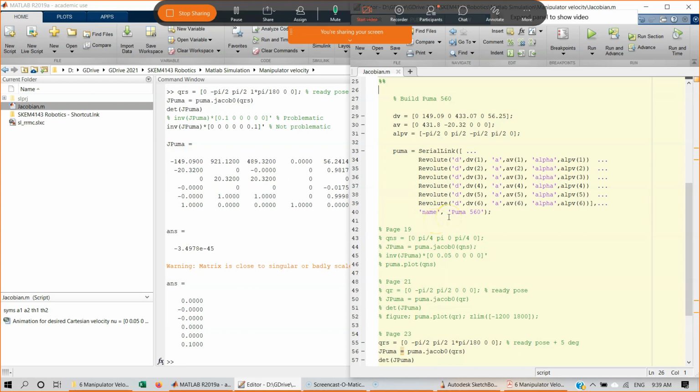Okay. So I've shown you this earlier, right? In order to build your own robot using the toolbox, first you have to define your DH parameters. You don't have to define theta because theta depends on the configuration, right? Theta i. But you need to provide di, ai, and alpha i.